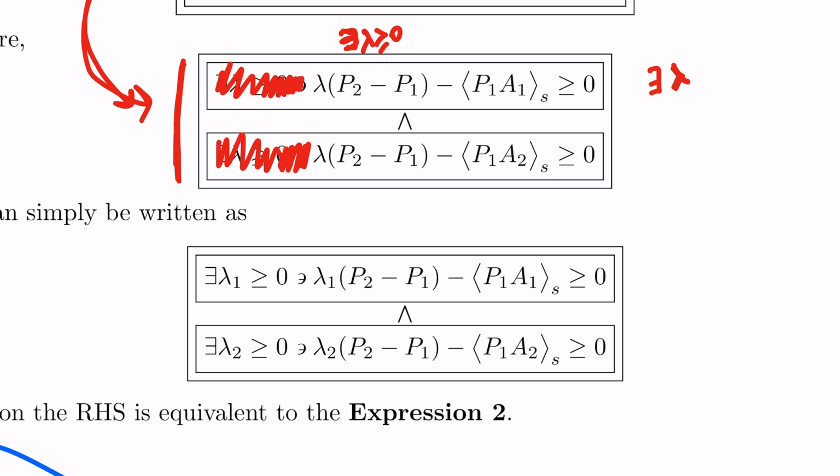If you need time to think about why that is the case, just remember the difference between robust stability and quadratic stability. In robust stability, for any given parameter, if you can come up with a P matrix from that Lyapunov function, then we would say that this is robust stability.